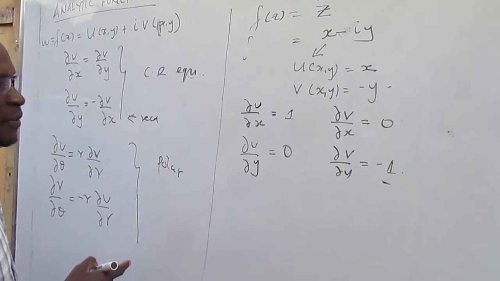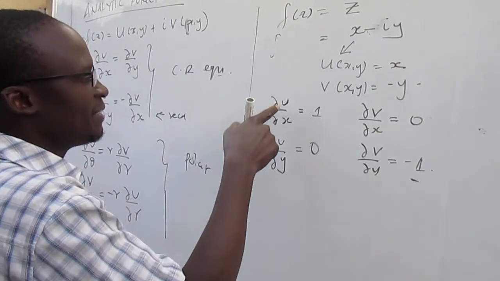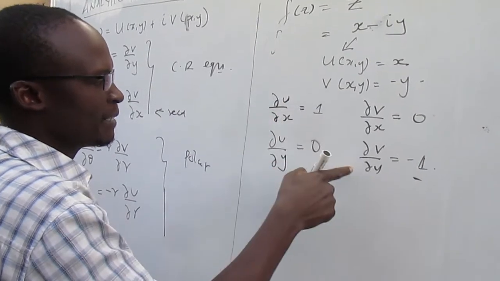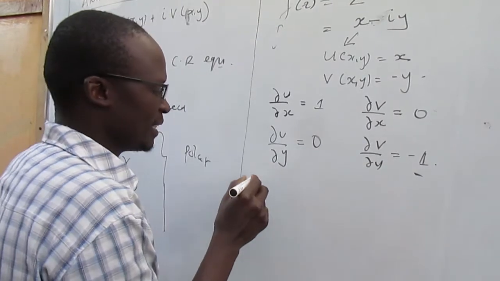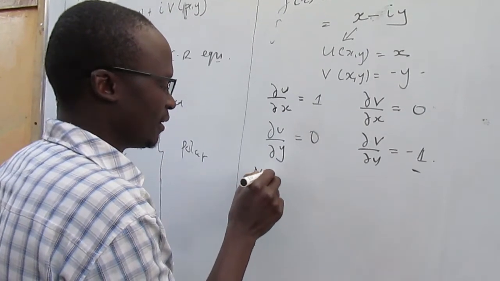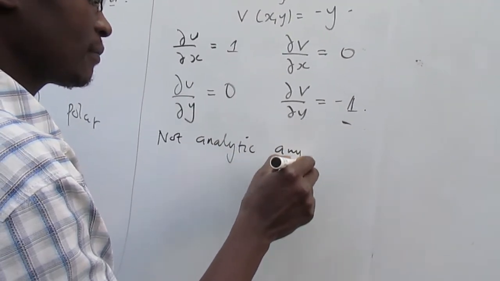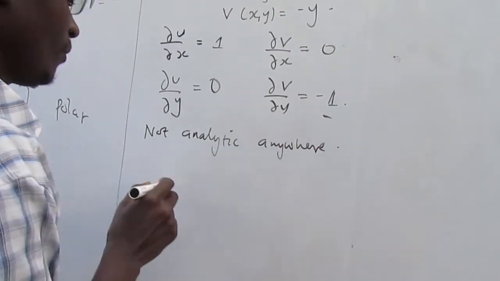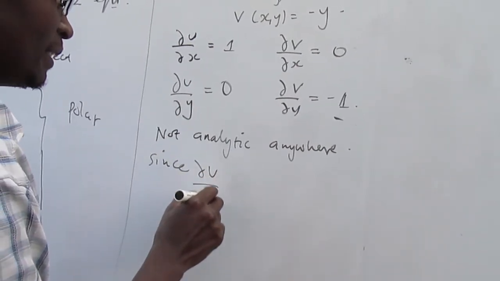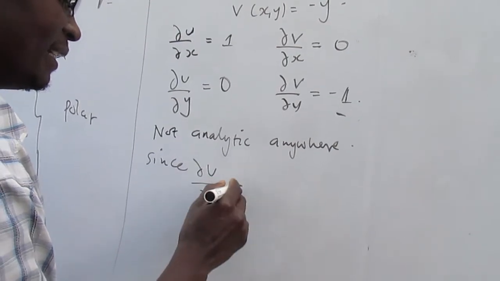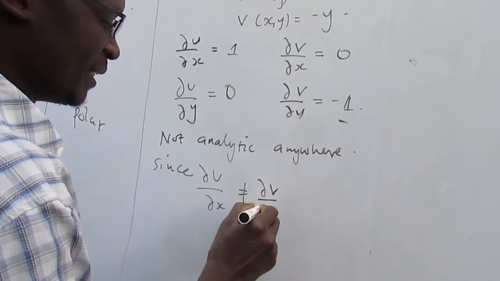And so let us check for the Cauchy-Riemann equations. We require that the first partial of u with respect to x be the same as the first partial of v with respect to y, and we see that that is not the case. And so this function is not analytic anywhere, since the first partial of u with respect to x is not the same as the first partial of v with respect to y.